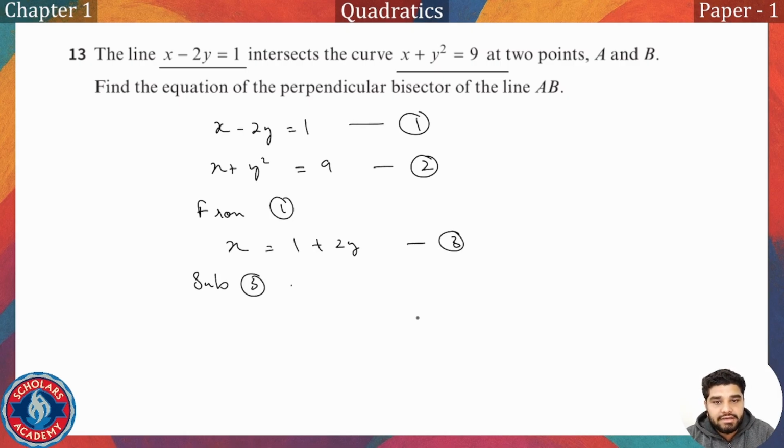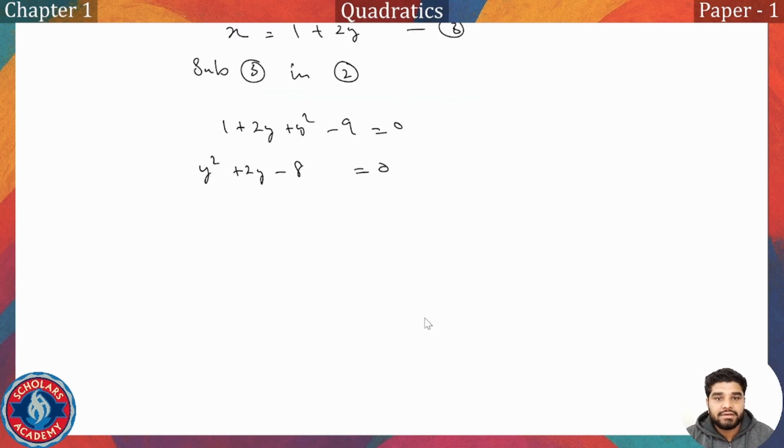Substituting 3 in 2, we can get 1 plus 2y plus y² minus 9 is equal to 0. So from here we can get y² plus 2y minus 8 is equal to 0. Right?